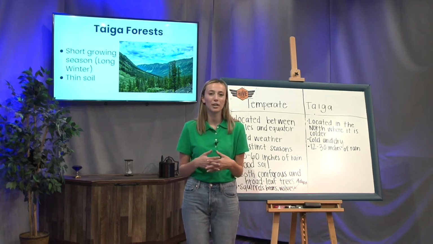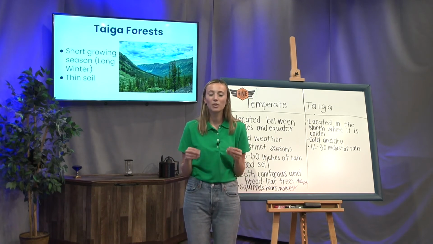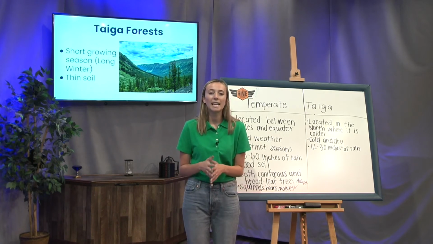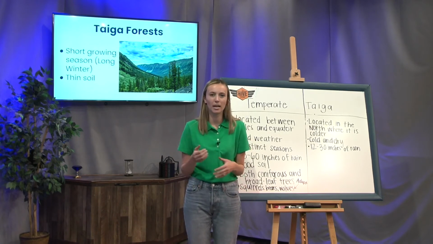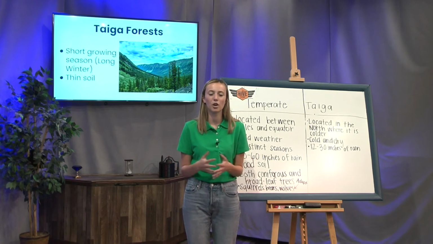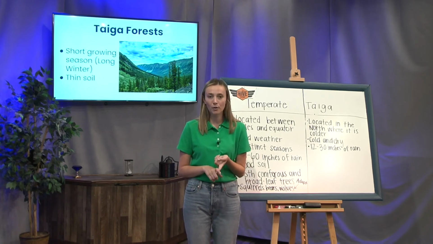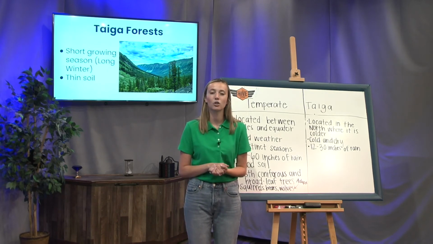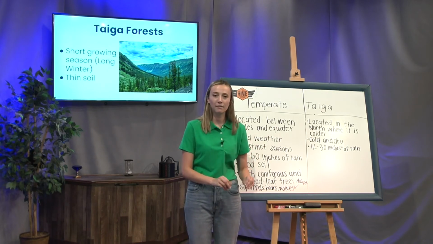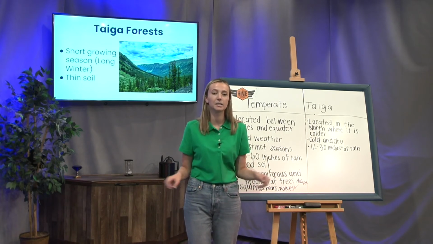And the soil is also very cold, or when the soil is too cold, it's hard for things to grow in it. It's really hard, so it's not as soft, so it's hard for things to grow. So we have a short growing season and very thin soil. So not a lot of plants can grow here. Think about the rainforest has the most amount of plants.